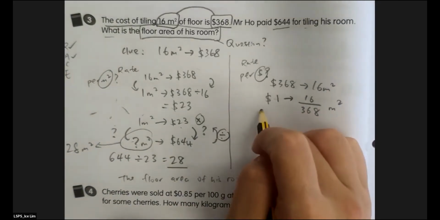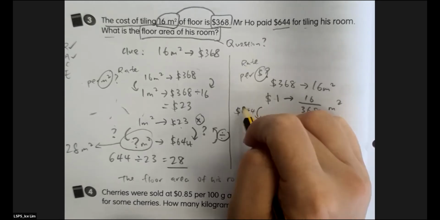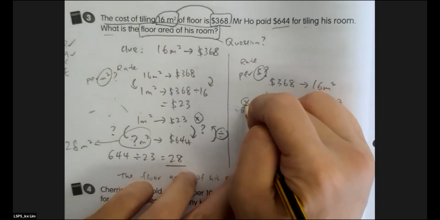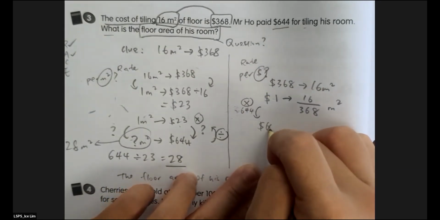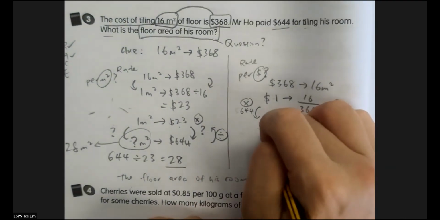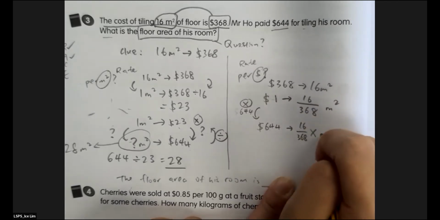Then to get to $644, I must multiply by 644.